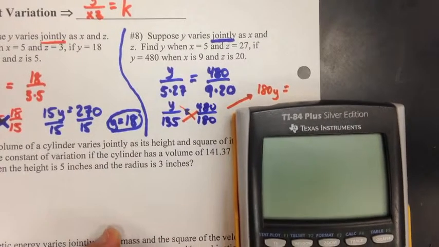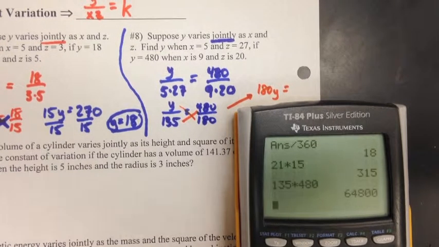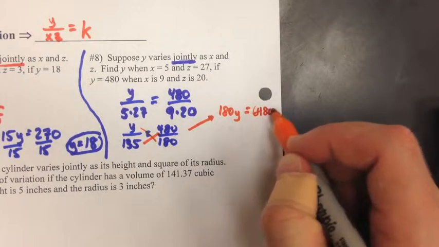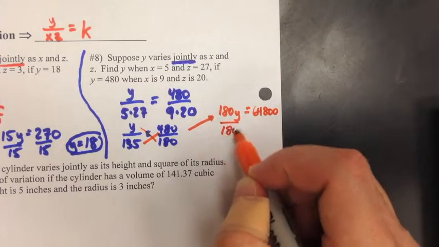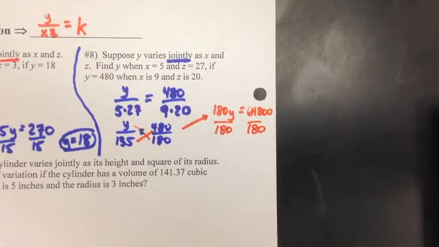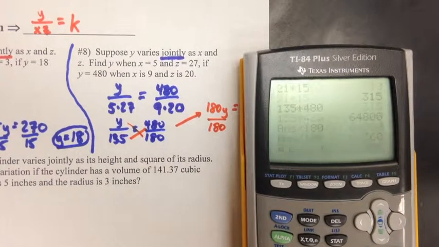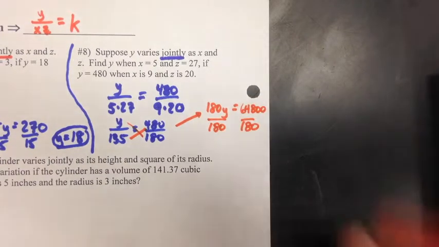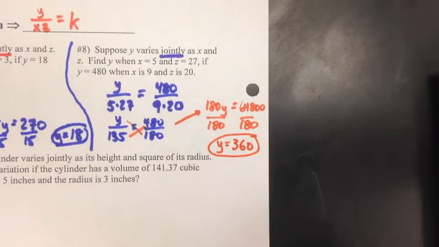Now I'm going to let the calculator do the work. 135 times 480 equals 64,800. Now I'm solving for y, so I'm going to divide that by 180. We'll take that, divide by 180, and the solution is 360. So y equals 360. And there's the solution.